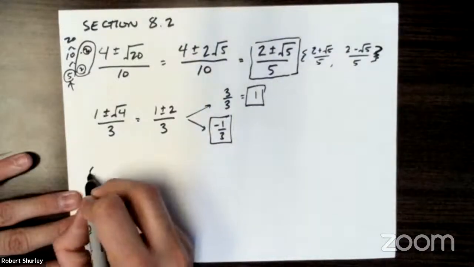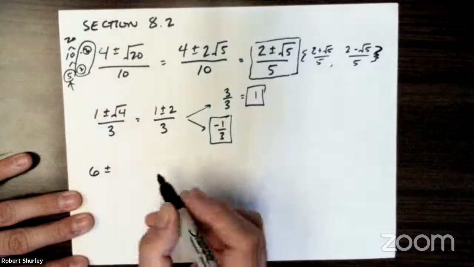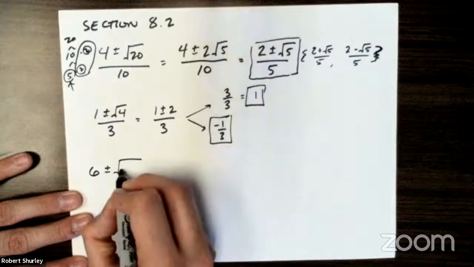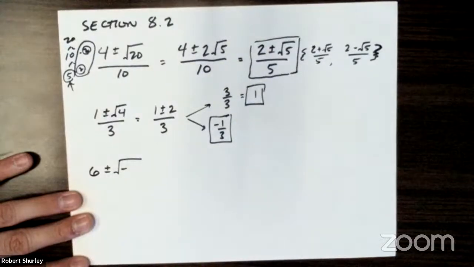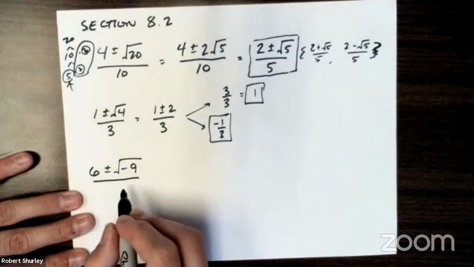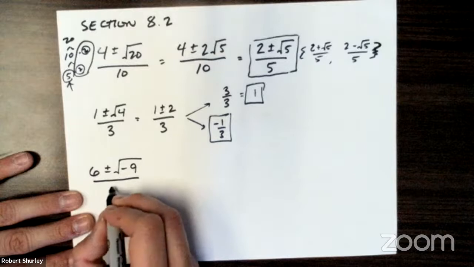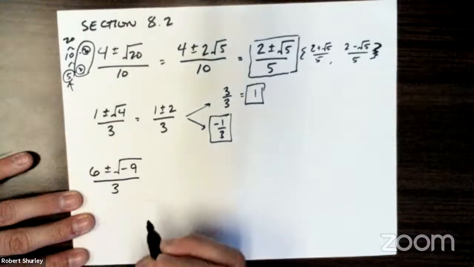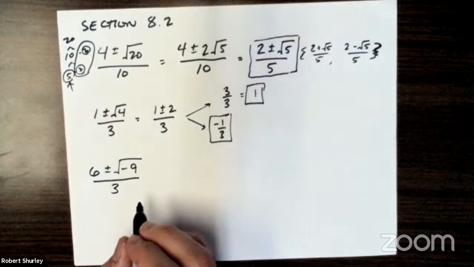Let's say we've got 6 plus or minus the square root of negative 9 over 3. Okay, 6 plus or minus the square root of negative 9 over 3.